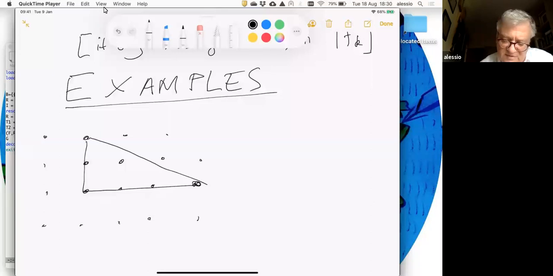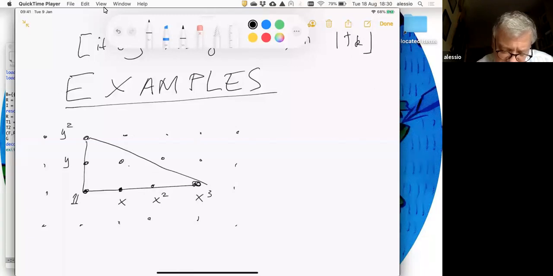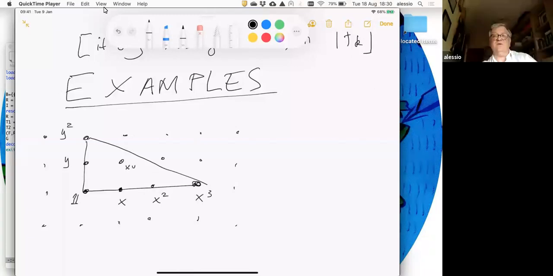In the end, it doesn't matter where the origin is. But you could imagine that the origin is right in this corner here. And so this would be the constant term. And then this point here would correspond to the monomial x, and this one to the monomial x squared, and then x cubed, for example, and then this would be y, and then y squared, and then this dot here corresponds to x times y, and so on.